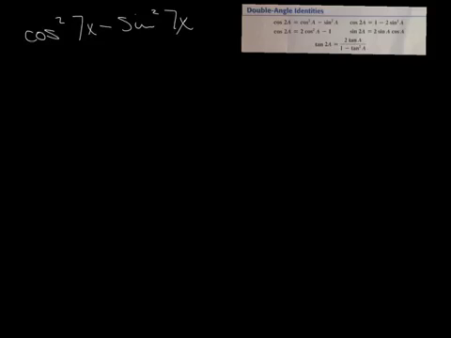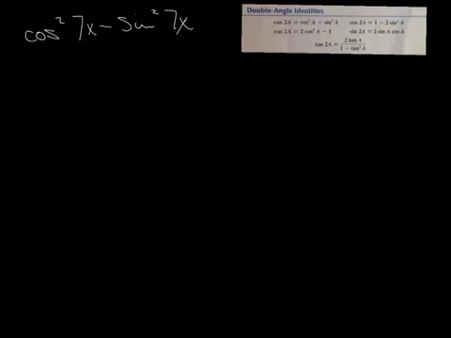Alright, example 4. We have cosine squared 7x minus sine squared 7x. And we're supposed to simplify that. We're supposed to make it easier. Alright, so let's go ahead and do that. I brought on the double angle identity table to help us look at this.